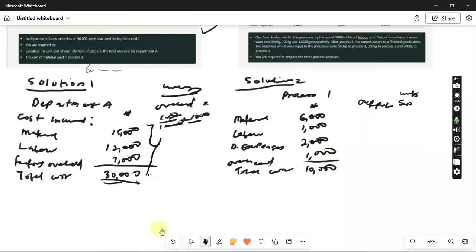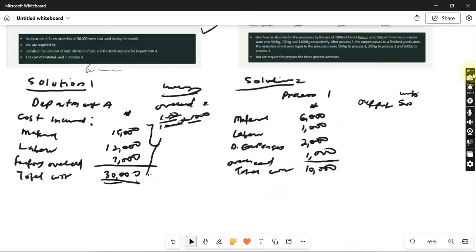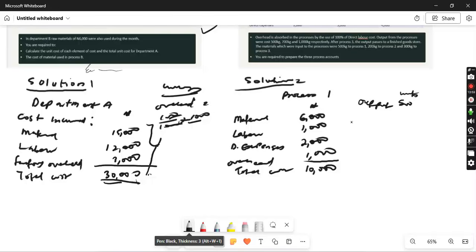So how do we now determine the cost? For us to determine the cost, let's do some workings here. This is working one, so this is working two. The unit cost will be the total cost all over output.